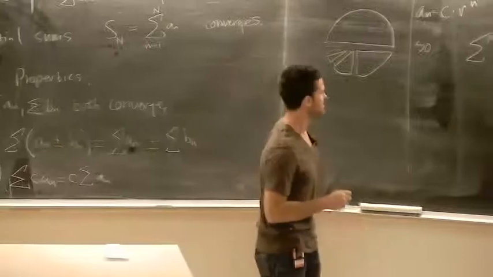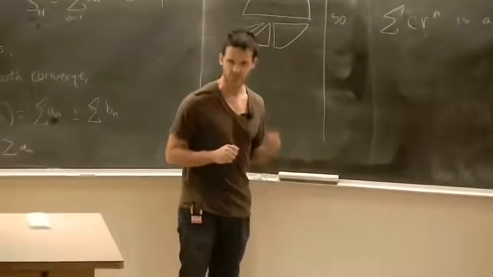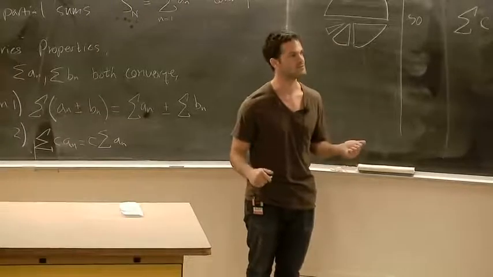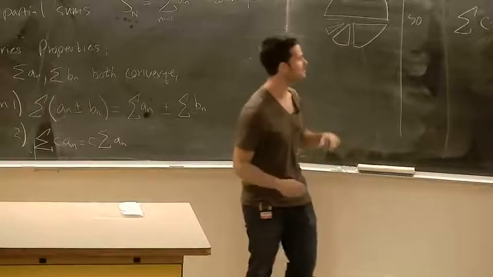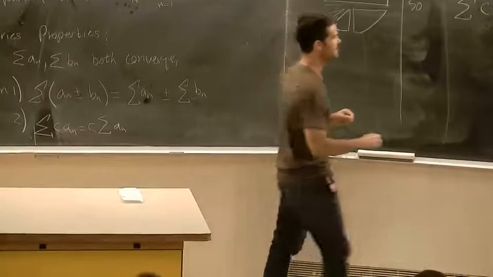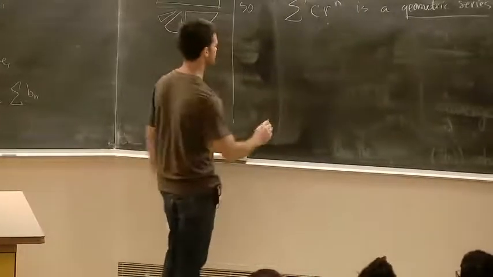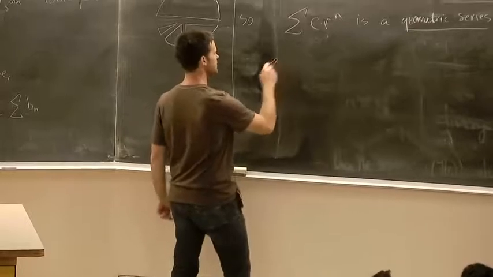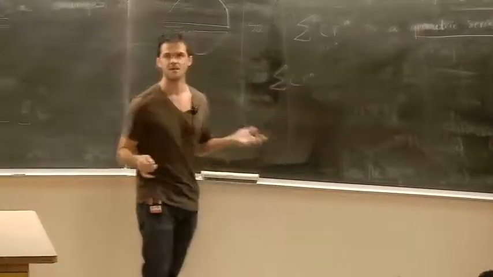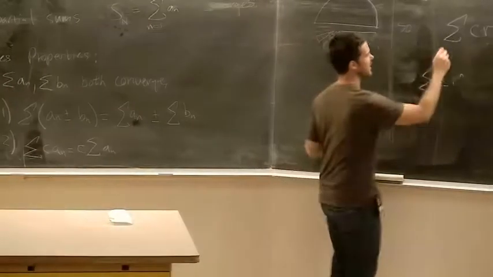So let me now demonstrate the proof of this to you. I actually remember the first time I saw this proof, and it always stuck with me because I thought, oh man, that's such a neat trick. Okay, so here's how it goes. Let's write out the first few terms, and let's start at n equals 0.